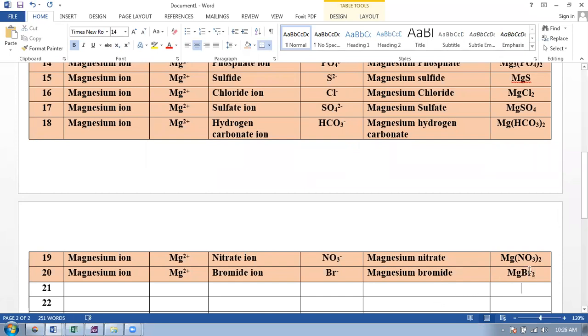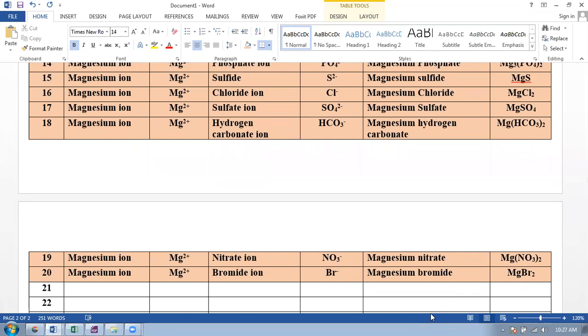Br represents only one atom, bromine. That's why there is no bracket. But NO3 represents 4 atoms, N for nitrogen, O for oxygen in nitrate ion. That's why there is a bracket. HCO3 represents 5 atoms, H for hydrogen, C for carbon, O for oxygen. So many atoms, that's why there must be a bracket. But Br represents only 1 atom, bromine. That's why there is no bracket here.